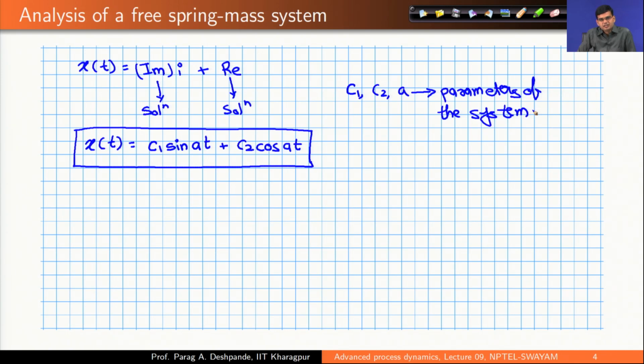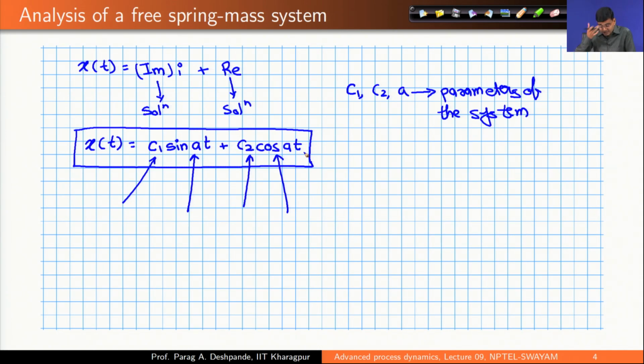What I see from this functional form is that x of t would vary as C 1, a multiplicative constant in terms of the parameters of the system, times sin A t, where A again would be in terms of the parameters of the system, plus C 2, a multiplicative constant, times cos A t, where A is again a function of the parameters of the system.